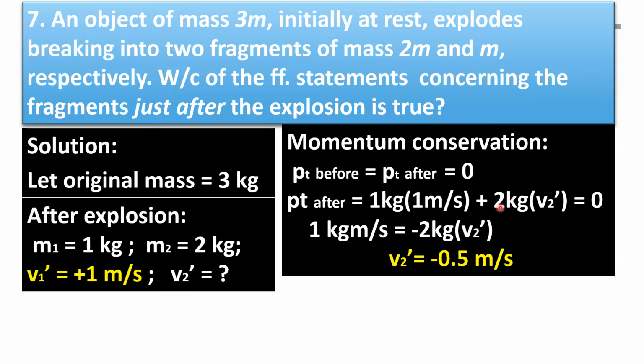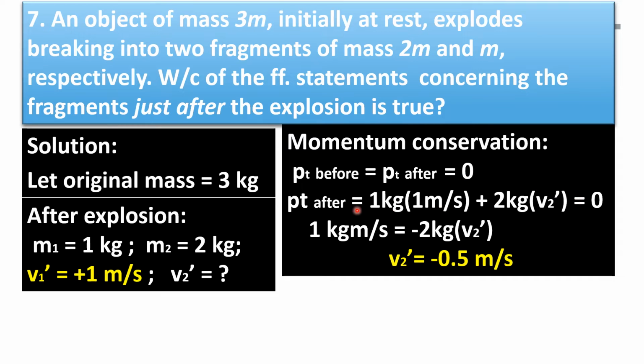Then plus the mass of the bigger fragment times the unknown variable, the velocity after explosion, and then we equate it to zero, because we already stressed here that the total momentum after is just equal to the total momentum before, which is equal to zero.